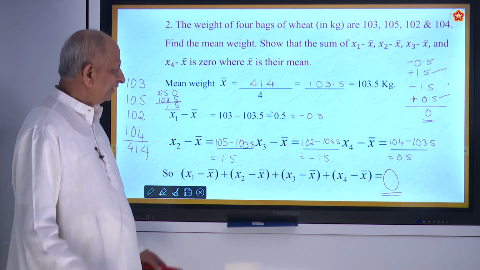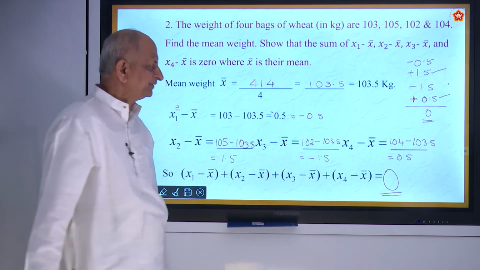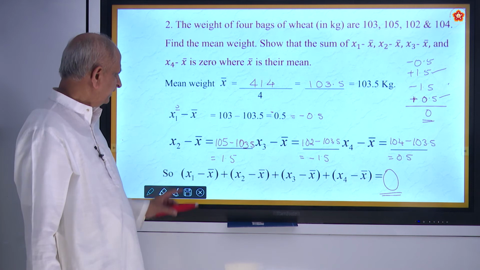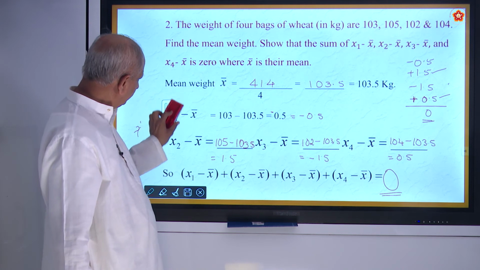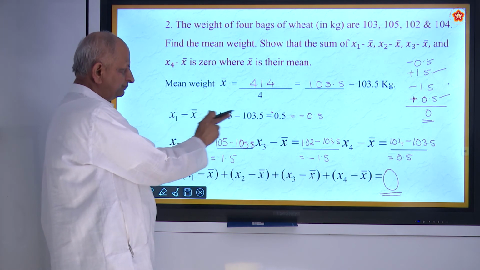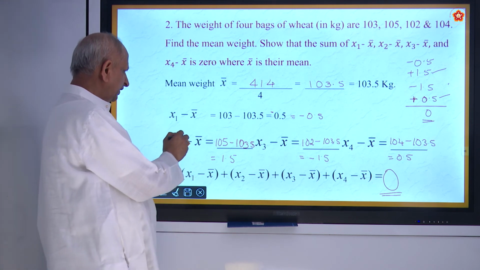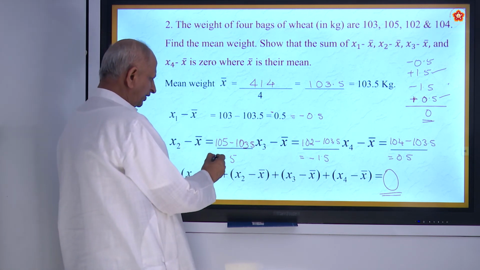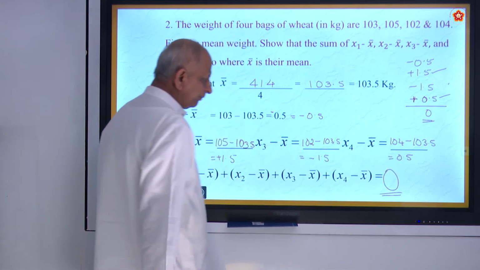Followed? So what you have done, I will just brief once again. All the weights in kilograms divided by number of persons, and that is 103.5. Second is deviations. Deviations you are finding, and that is first score minus average is minus 0.5, and then second score minus average is plus 1.5, third score minus average minus 1.5, fourth score minus average plus 0.5.